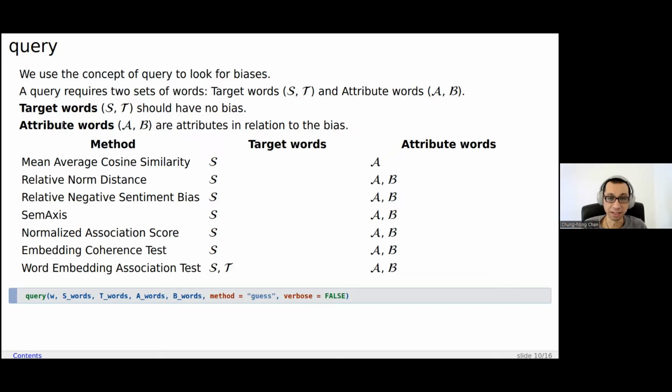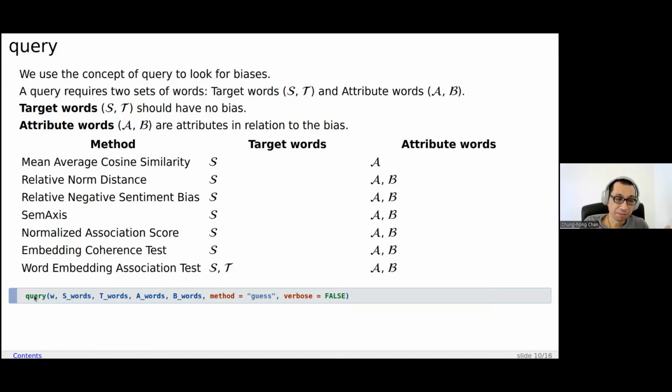For example, if you are talking about gender bias, then one set of attribute words should be related to male, and another set of attribute words should be related to female. The package provides a number of methods to quantify these kinds of biases.